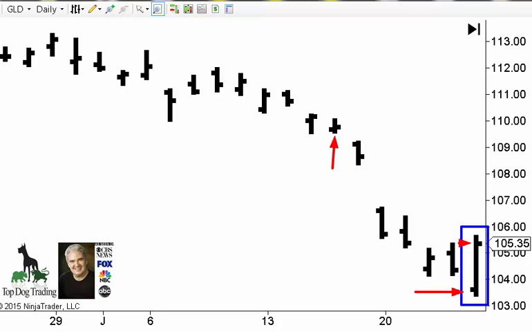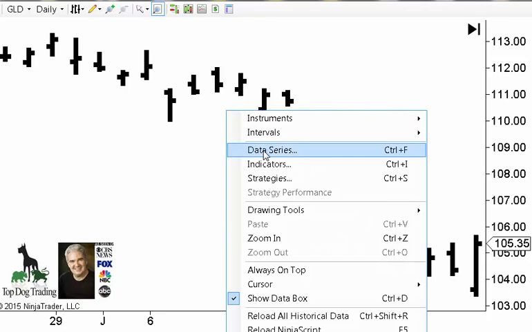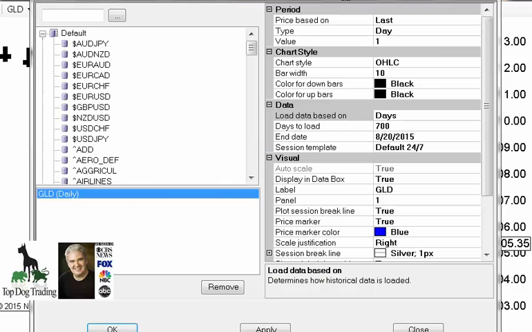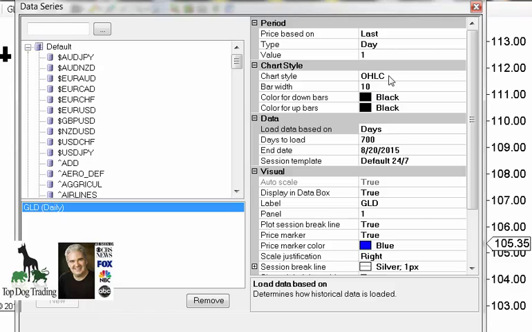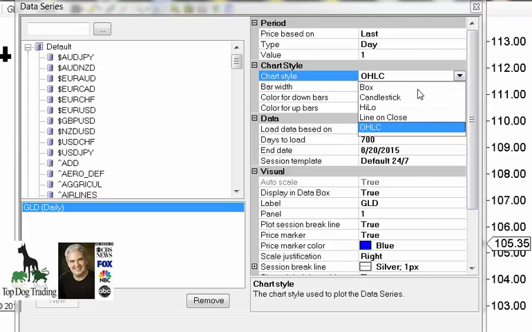All right, now let's add a little bit to what you've already learned, and look at this from a different perspective. The exact same chart, same bars, except we're going to change the style of the bar. How this looks in your charting platform may be a little different. This is NinjaTrader that I'm using.